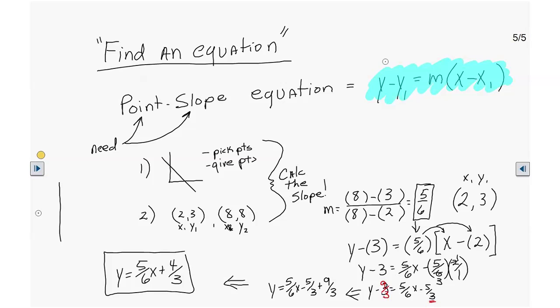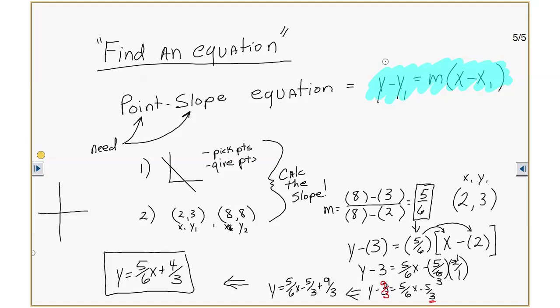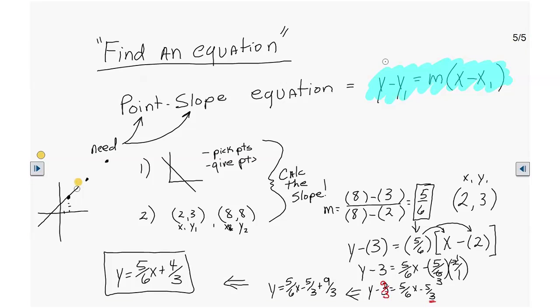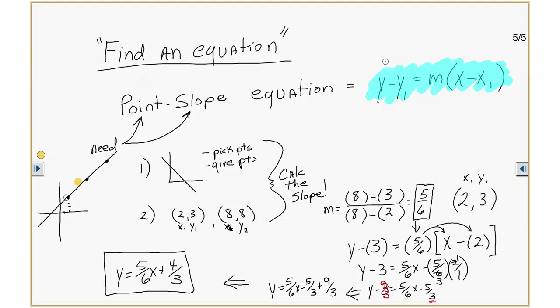When you learn how to graph it, y'all probably know how to graph it. 2 and 3 is my point. Then we got a slope of 5/6, which means every 5 I go over 6. So it'd be something like this. Now we know the equation for this line. The equation for this line is right here. And that's what you're finding. You're finding the equation for the line.